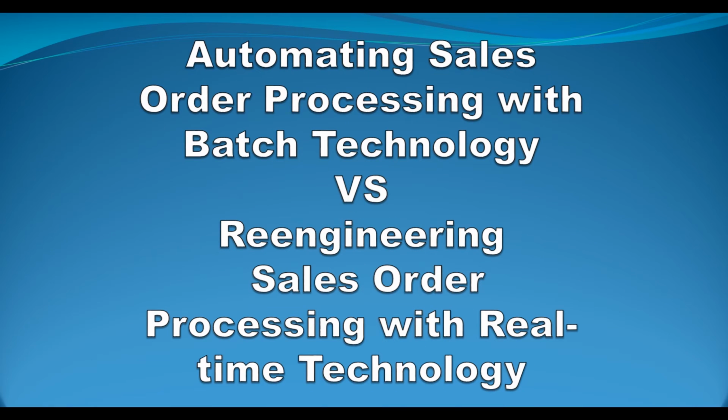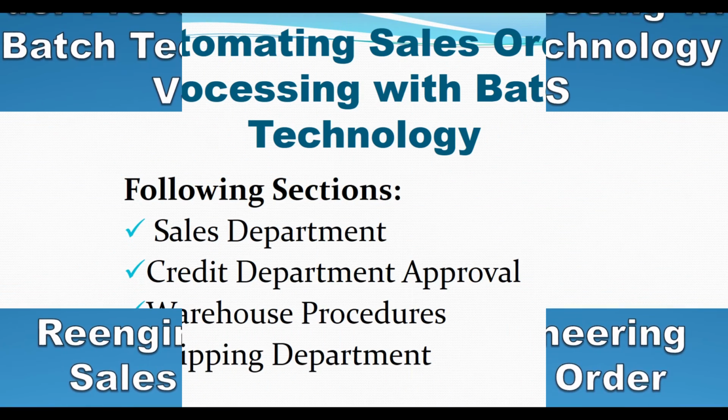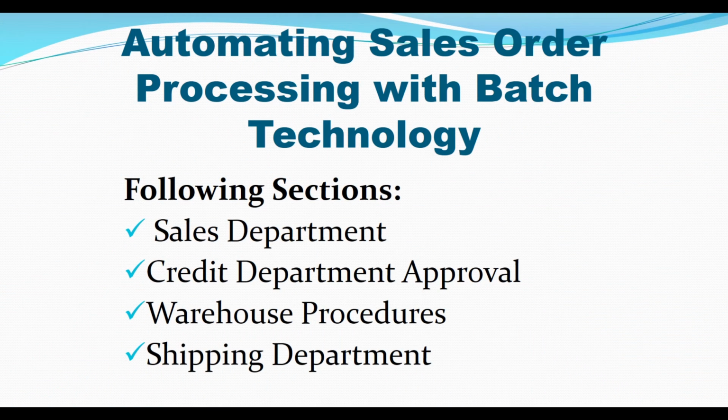Automating sales order processing with batch technology versus re-engineering sales order processing with real-time technology. Let's first discuss automating sales order processing with batch technology. These are the following sections included here: Sales Department, Credit Department Approval, Warehouse Procedures, and Shipping Department.